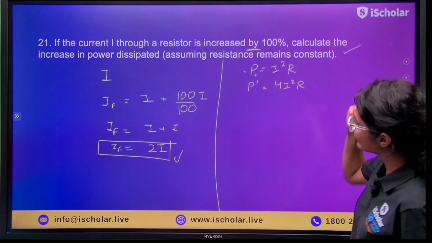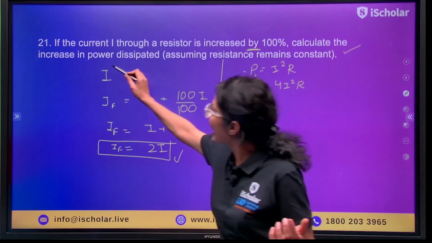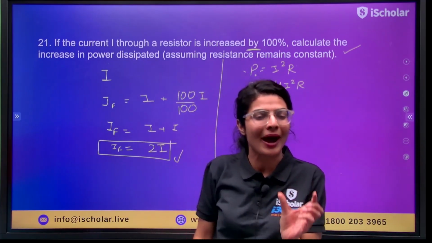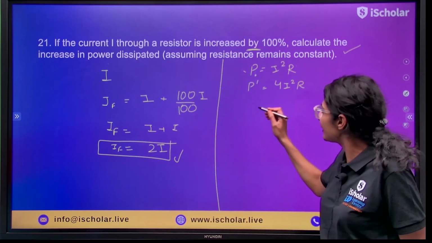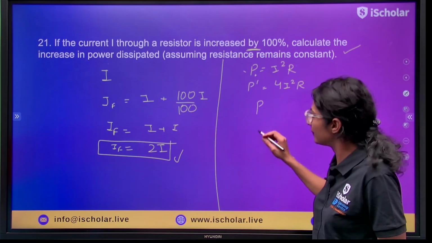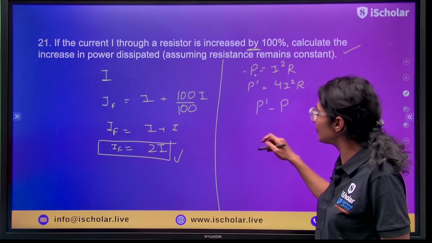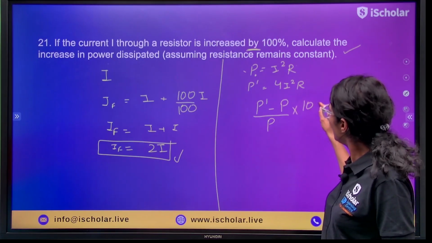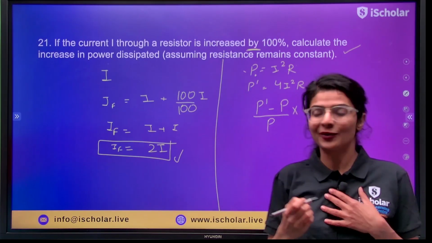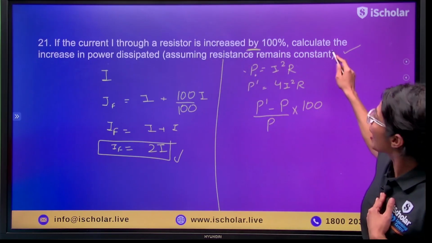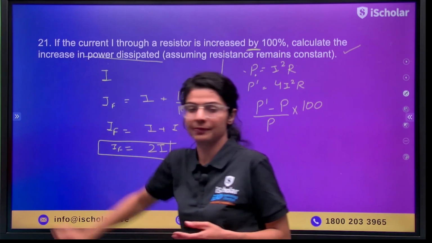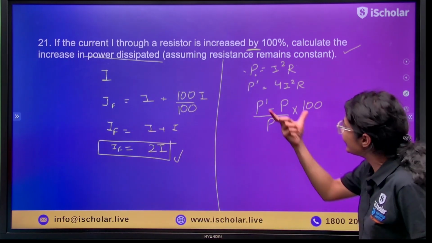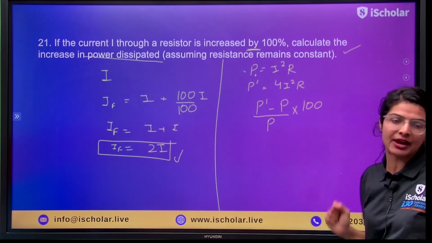Okay, what is asked? Calculate the increase in power dissipated. So can we say like this, the final power minus the initial power divided by the initial power into 100. Whenever you have to write the increase in power dissipated, first you will write the increase, the change which has come.